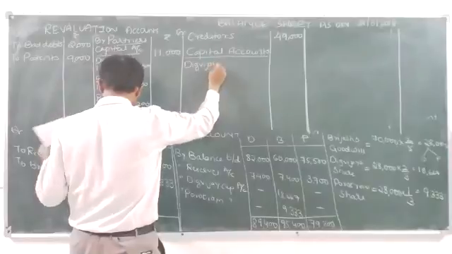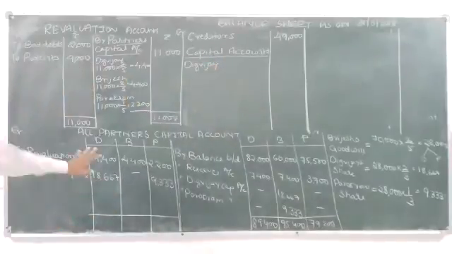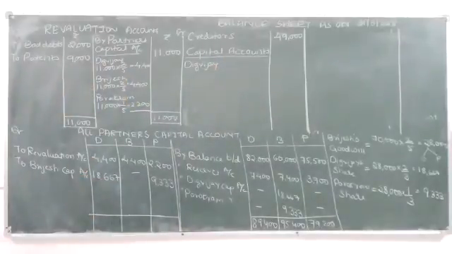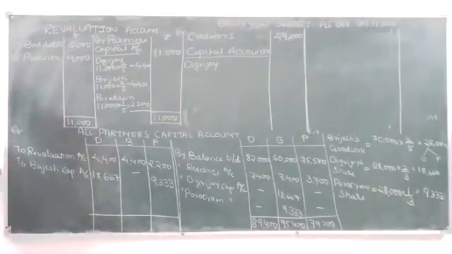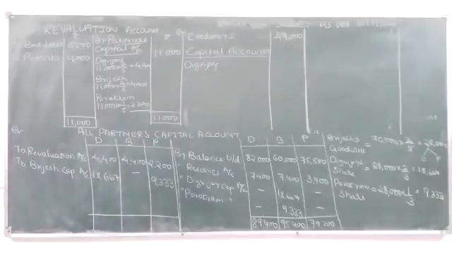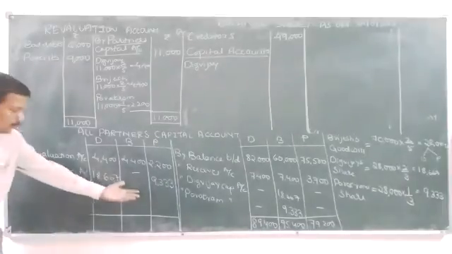Oh, sorry, we have not closed this, right? We have to close the partners' capital accounts. Now remember, here we should not close Brijesh's account because continuation will be done only with those accounts who will be continuing. As he is retiring, we need to pay his amount.